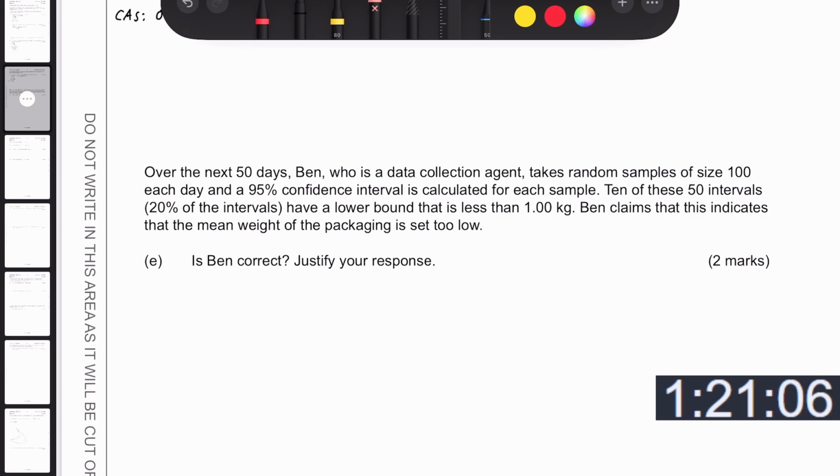Oh, this one's tough. This one I think is yes, because the percentage of intervals is much greater than the confidence should be.